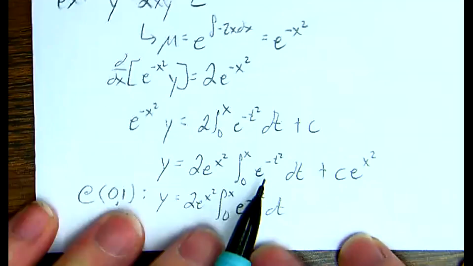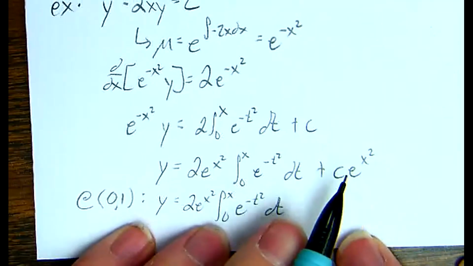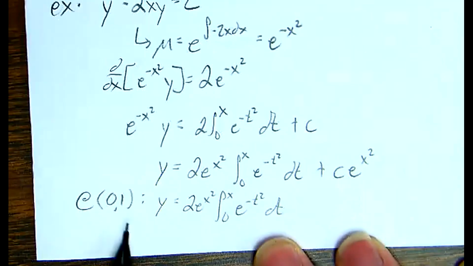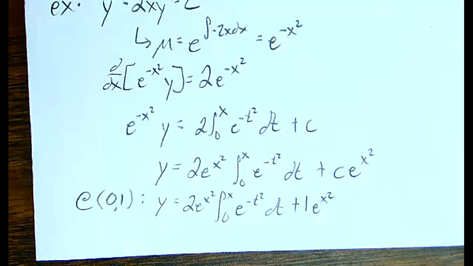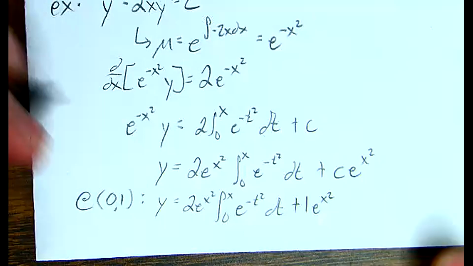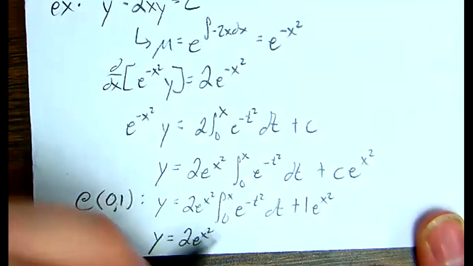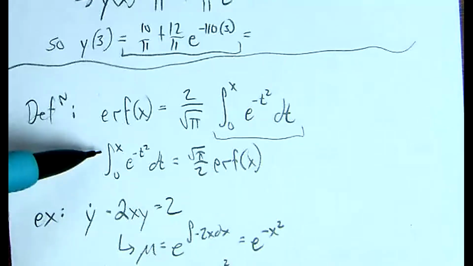So this whole term goes away. When I plug in 0 for x here, I get c, and I need that to be equal to 1. So plus 1 e to the x squared. And this can be written equivalently as 2e to the x squared integral from 0 to x of e to the negative t squared dt is that.